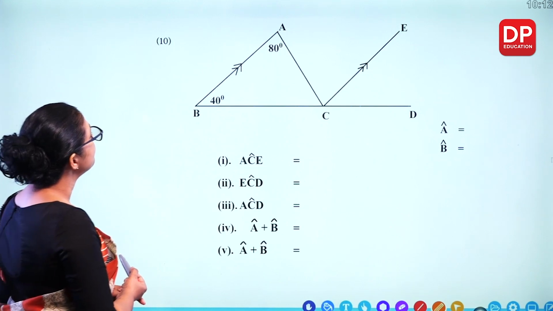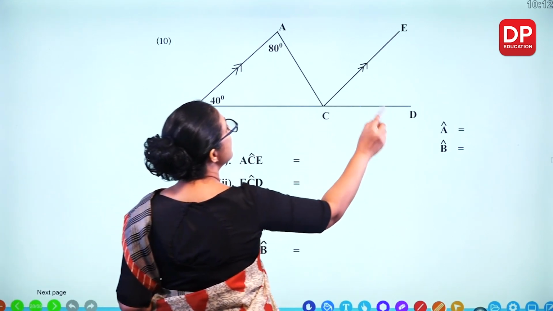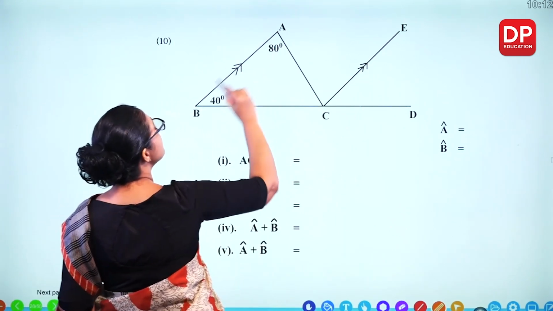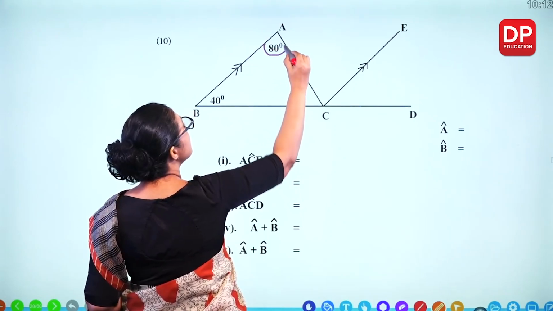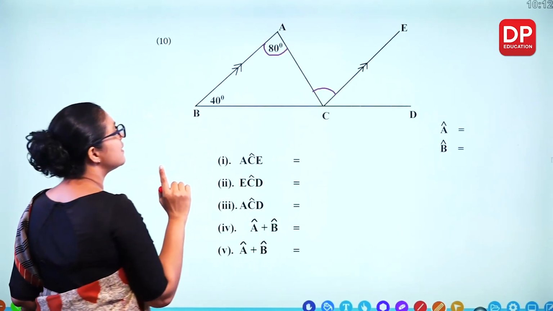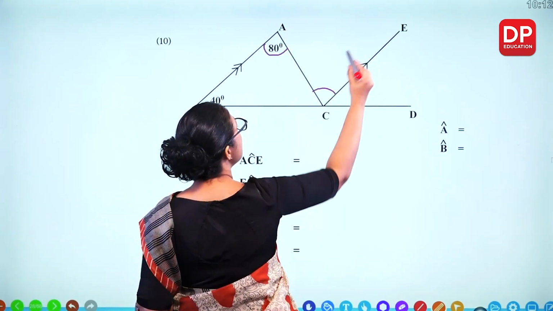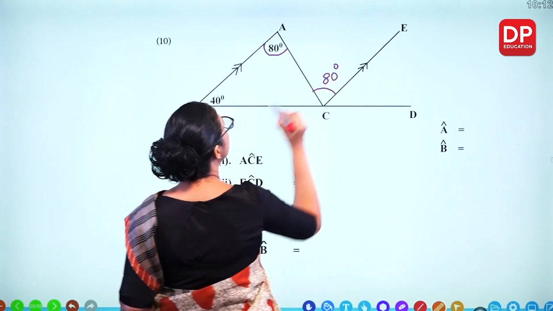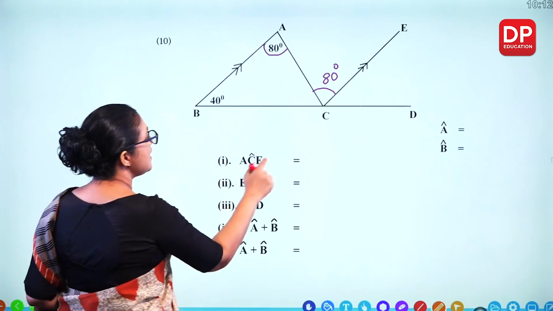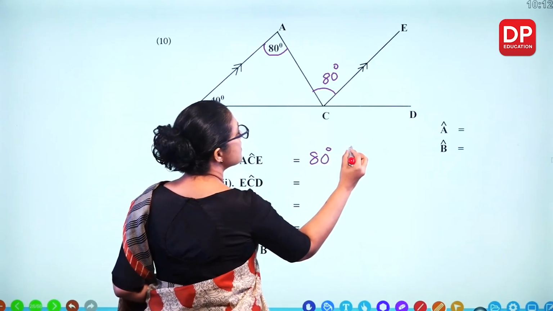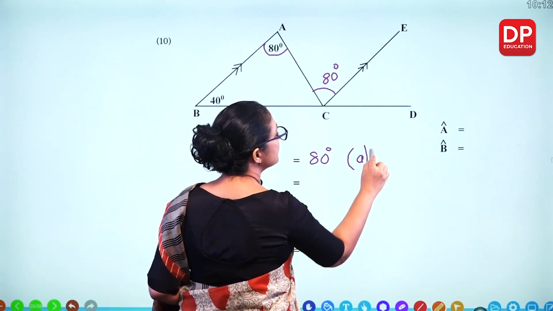ACE, this angle. Now these two lines are parallel. This angle is equal to this angle. Why? Because of alternate angles, the Z letter. This is 80. ACE is 80. That's alternate angles.